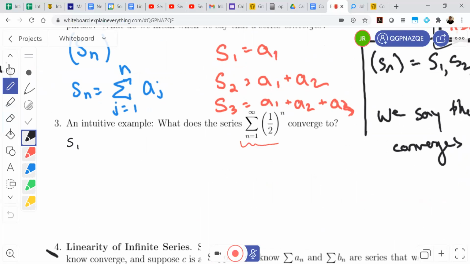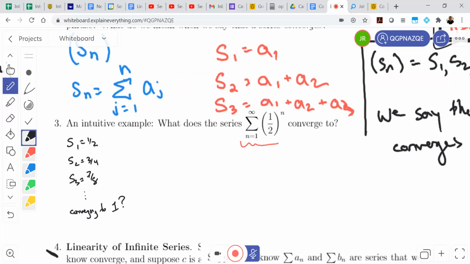We had s sub 1 was equal to 1/2, s sub 2 was equal to 1/2 plus 1/4, so that was equal to 3/4. S sub 3 was equal to 1/2 plus 1/4 plus 1/8, so that was equal to 7/8. And it looks like that it was converging to 1.